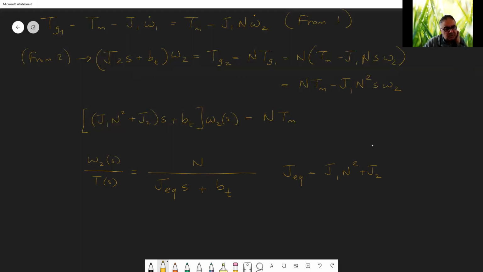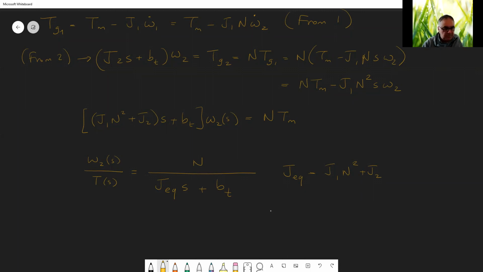Or if you like, it depends, of course. Yeah, the effect of the inertia of the load becomes less important compared to the inertia of the motor.